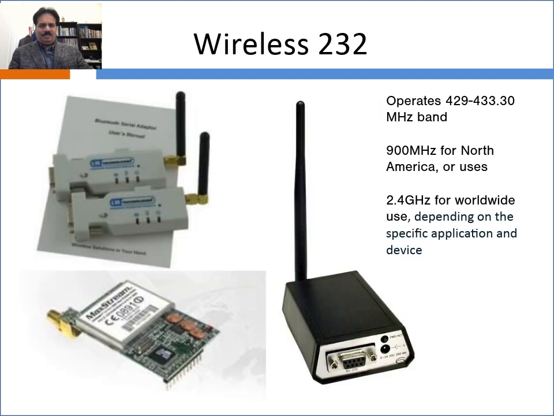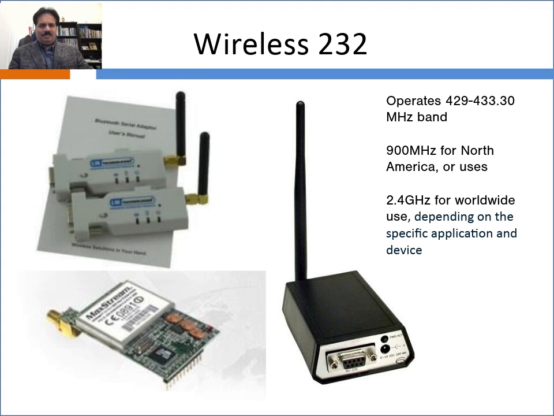The RS232 standard also includes wireless. As you can see, we have antennas here in the system, and they can radiate the signal, and inside the system we have the electronic board that processes the data, so that data will be transmitted wirelessly. The image that you see on the left hand side at the bottom is the processor board or electronic board.